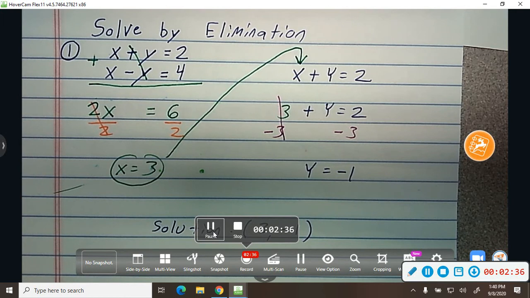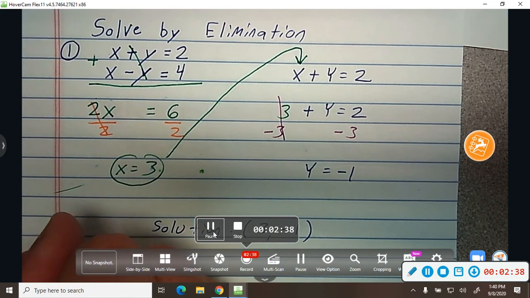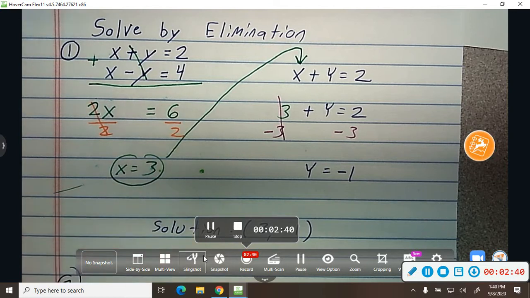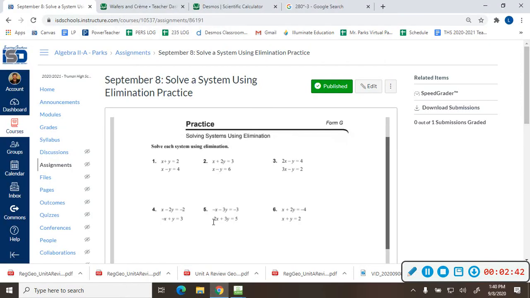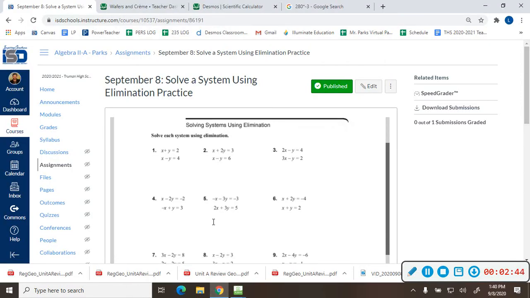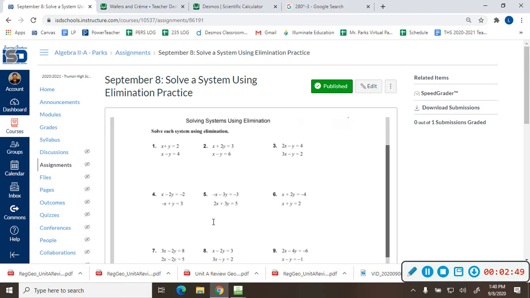Okay. And so what I want you guys to try now is, let's try, I don't want to give you one that's not the same. Let's try number 4 from your practice.